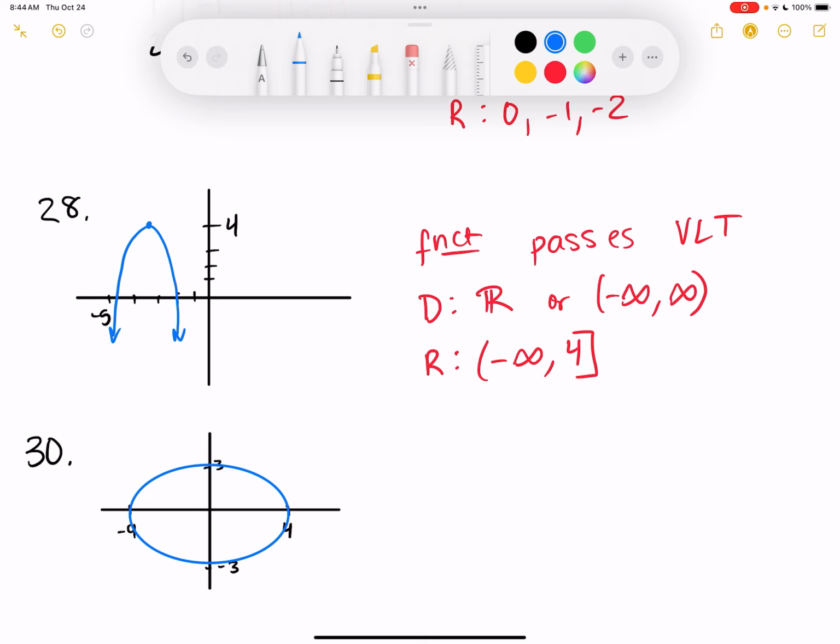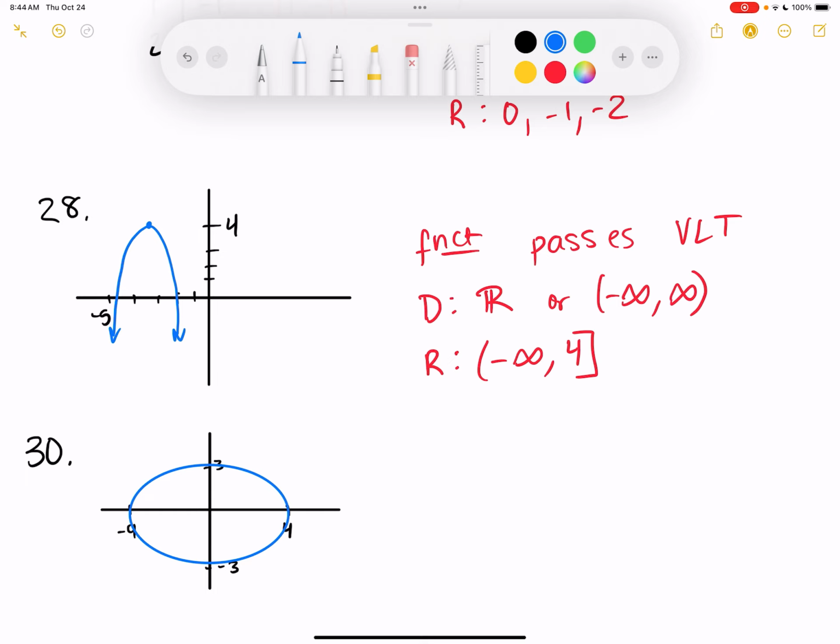So what shape do I have here? Circle. You sure about that? An oval. These only go to 3. These go to 4. It can't be a circle.